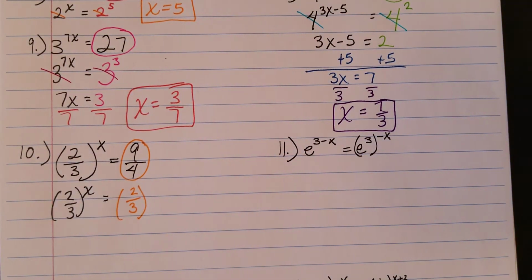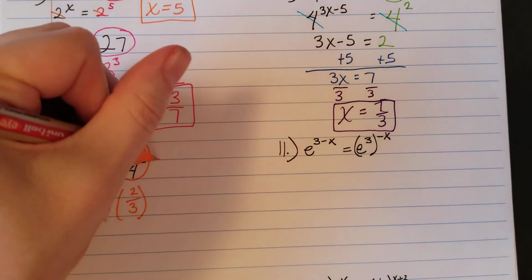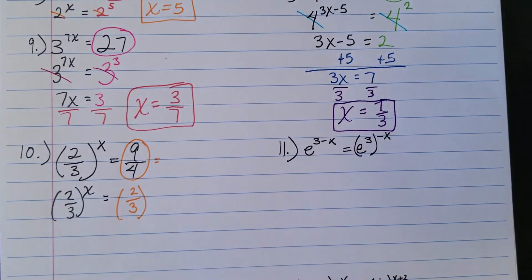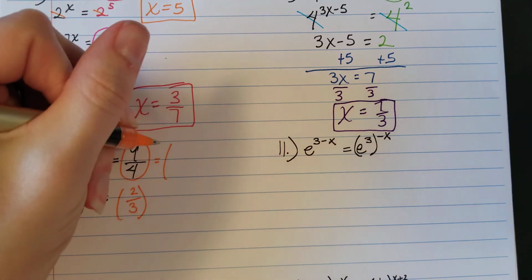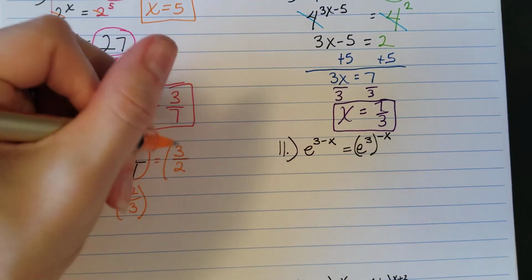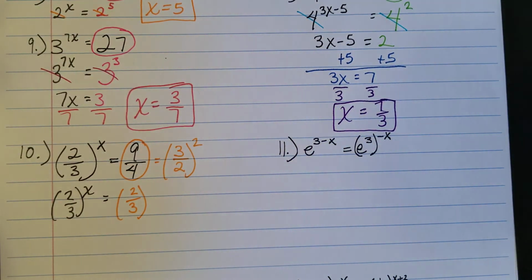So, let's see. Well, I know that 3 squared is 9 and 2 squared is 4. So I could say that this is the same thing as 3/2 squared, right?